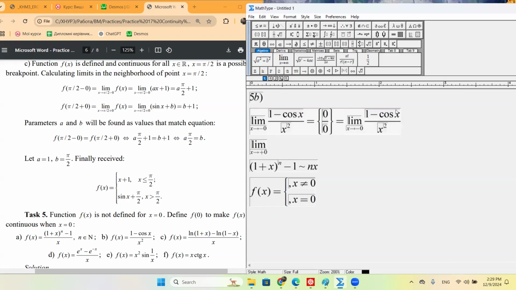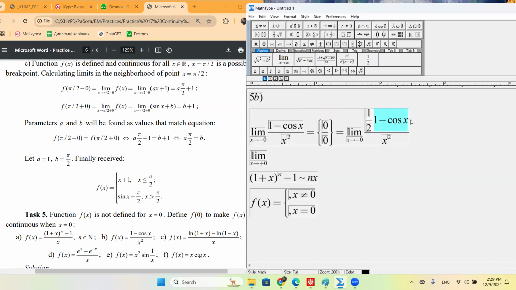So we can use the trigonometric formulas. We can go to the higher power, and it will be changed to the next value: 1/2 of sine 2x in power of 2.